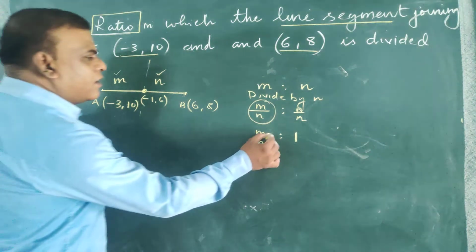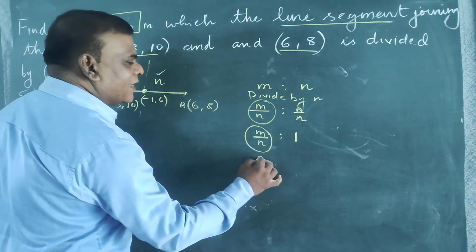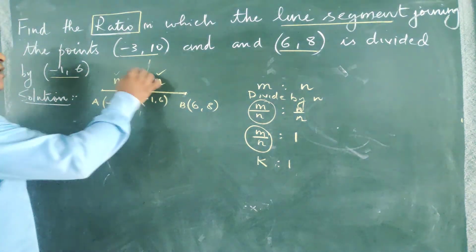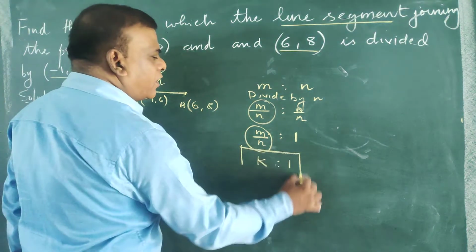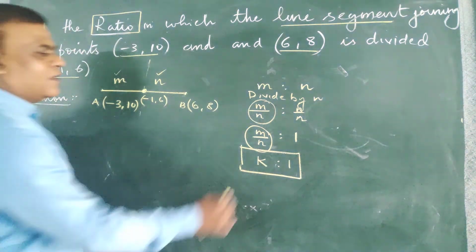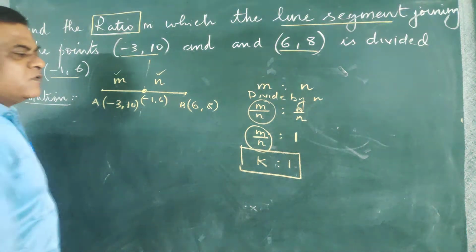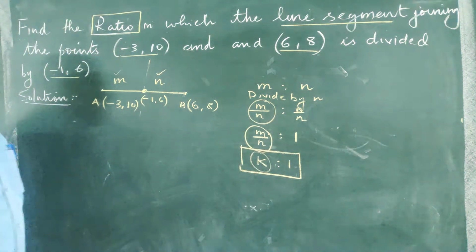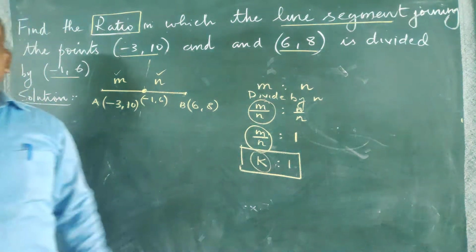Now m by n I am going to replace by k. So k is to 1. So whenever you have to find out the ratio, we are going to use, let the ratio be k is to 1. And once we find out the value of k, we can very easily write down the required ratio in the form of m is to n.